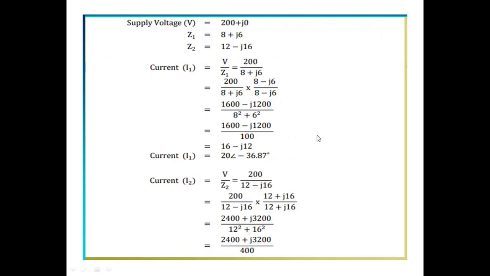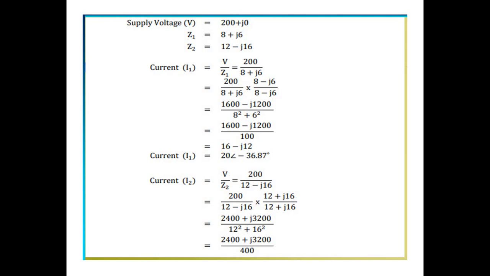Current I1 is equal to V divided by Z1, that is 200 divided by 8 plus j6, and then multiply by the conjugate. Calculating the current value: 200 divided by 8 plus j6, into 8 minus j6 divided by 8 minus j6, gives 1600 minus j1200 divided by 8 squared plus 6 squared, that is 1600 minus j1200 divided by 100, which is 16 minus j12, or 20 angle minus 36.87 degrees amperes.